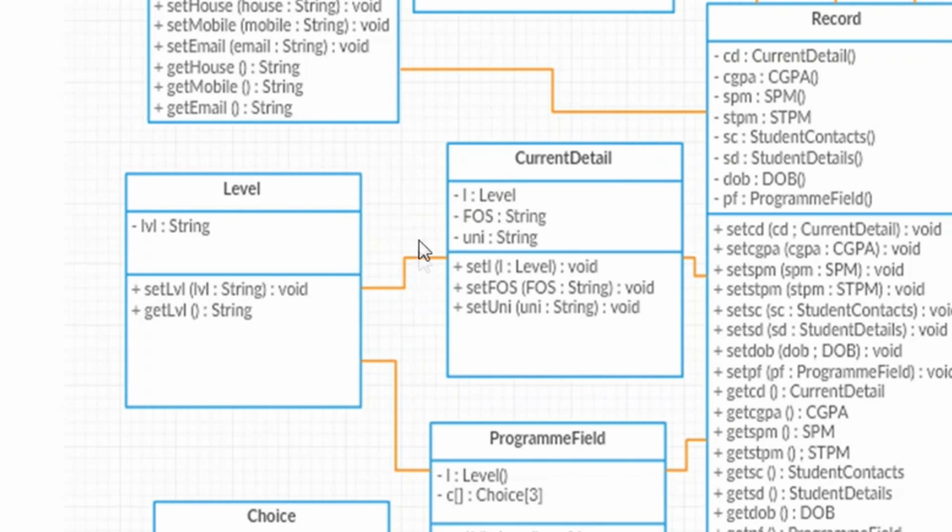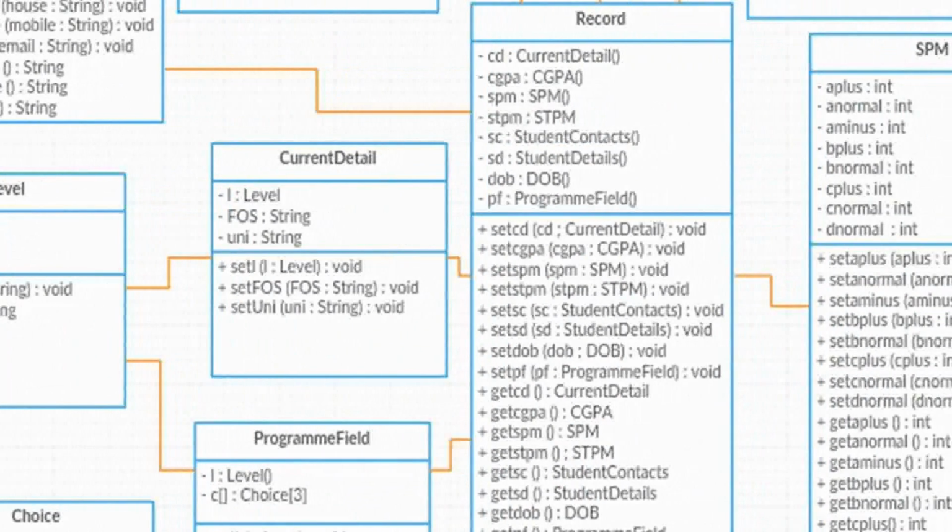So these orange links are what we call just links. This is not inheritance or encapsulation. Encapsulation is just private objects and data types within a class. As you can see by this class right here, it's called record.